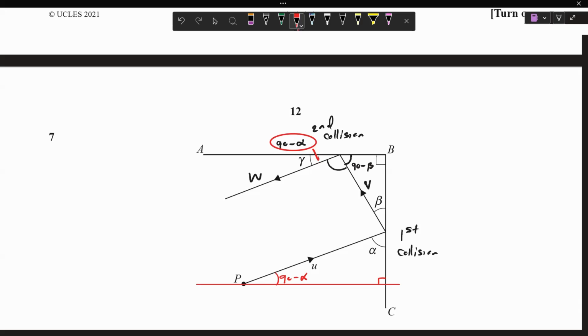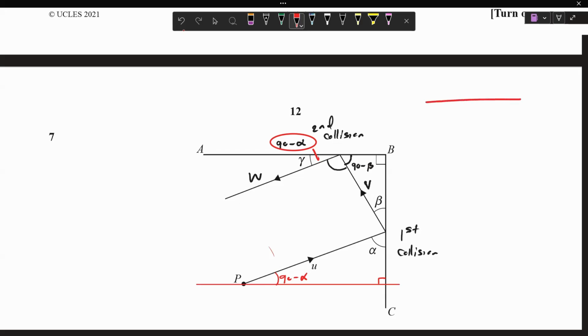The angle that AB, or a line parallel to AB, makes with this line is also the same angle that AB makes with this line, which technically means that these two lines are parallel to each other. So it's going in a direction parallel to the initial direction. Do you get the sense of that? Yes, sir.